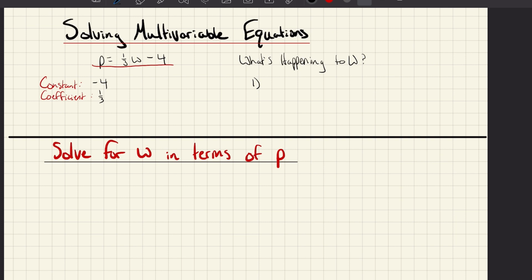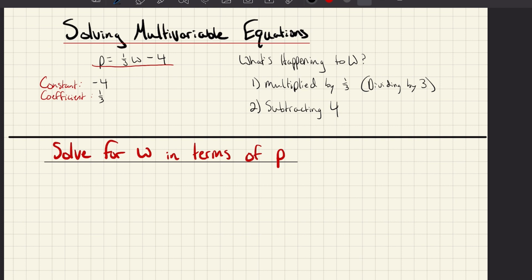It's being multiplied by 1/3, which is also just dividing it by 3, right? And then what else is happening to w? Well, I'm subtracting 4 from it. So w is being multiplied by 1/3, then I'm subtracting 4, and that's how I'm getting my answer, p.